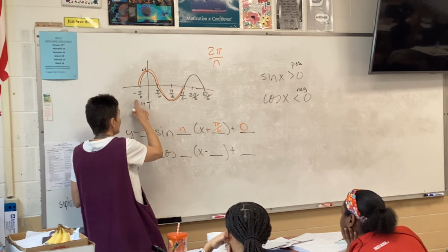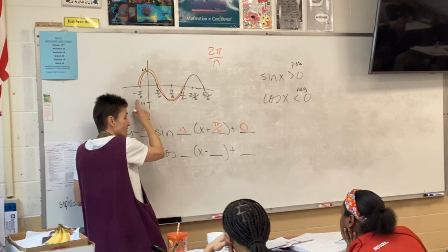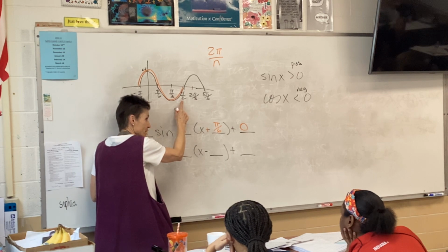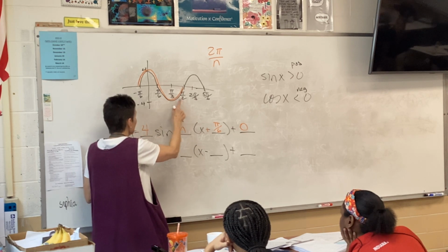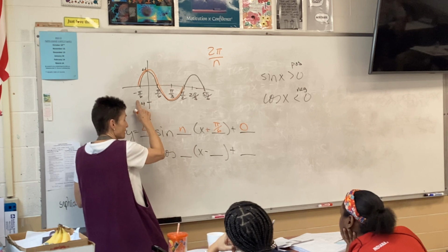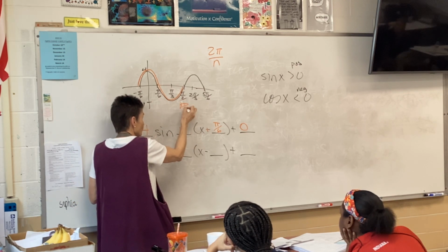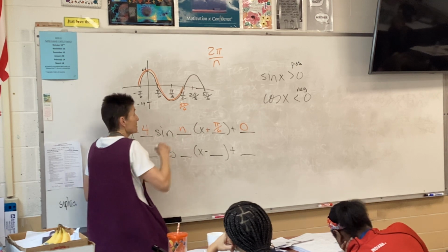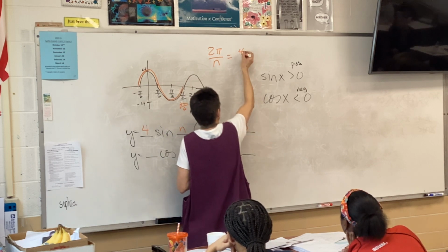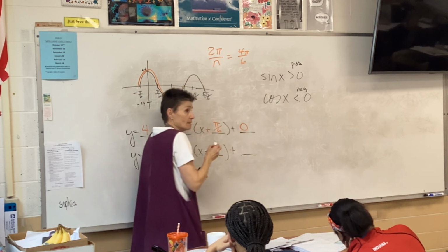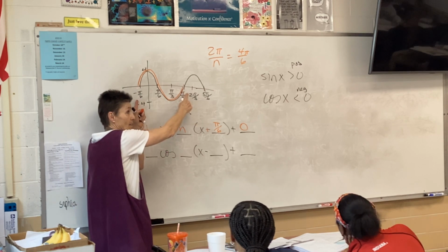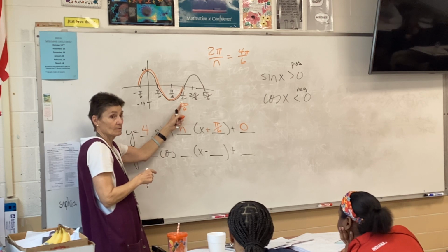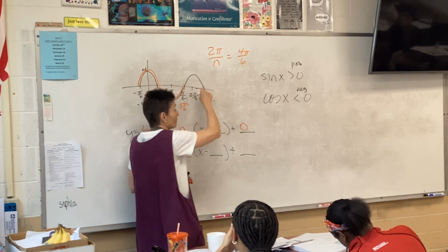How far is it from negative pi over 6 to positive 3 pi over 6? How far is that? 4/6, or 2/3, I'm just going to leave it 4/6. 4/6 pi. That's my period. That's how far it is from here to here.